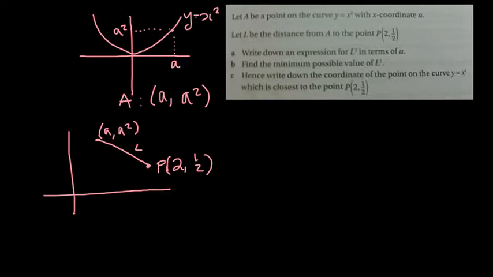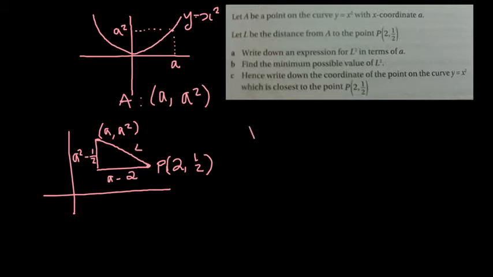It then says, part a, write down an expression for L squared in terms of a. Well, that just confirms our suspicion that we're going to use Pythagoras, and I just don't have to apply the square root at the end, which is great. So let's work out the height and the width of this triangle. So the height is a squared minus a half, and the width is a minus 2.